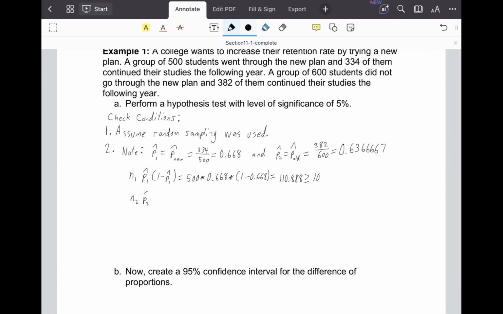Now, n2 p2 hat. This is 600 times 0.6366667, and 1 minus that.